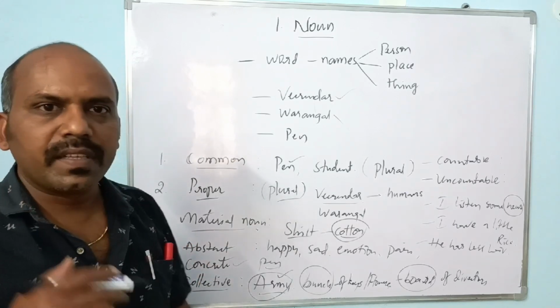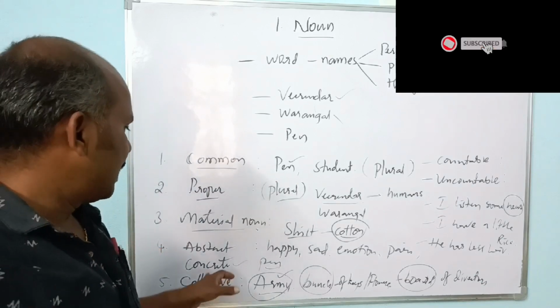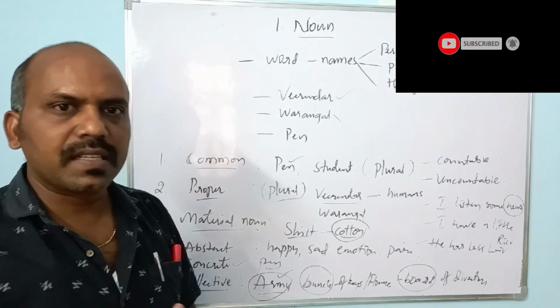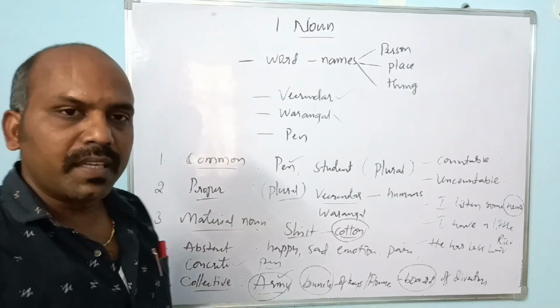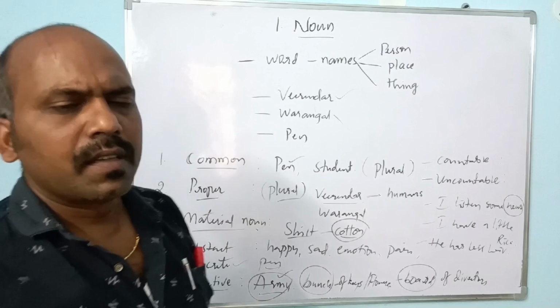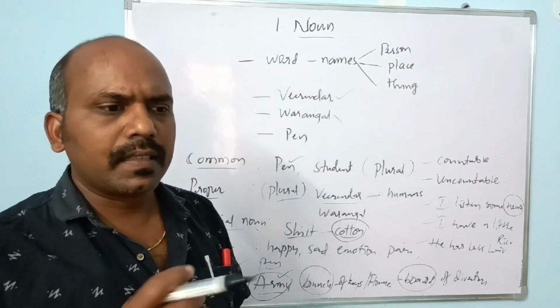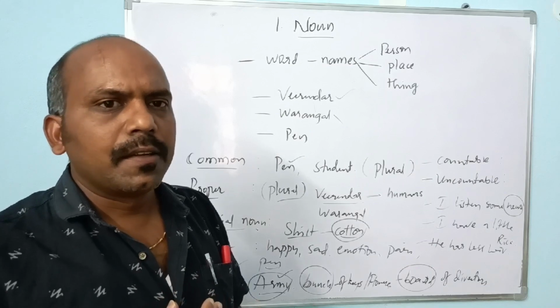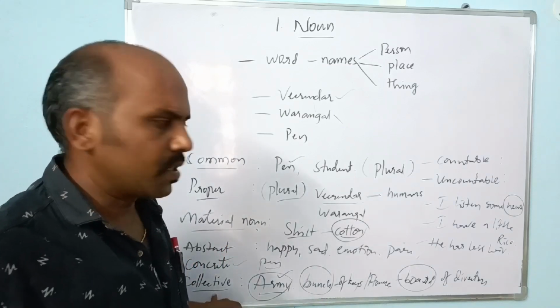And abstract nouns are those which we cannot see but only feel. Concrete means which we can feel physically, and those come under concrete. Collective means a group of nouns called by one more name, like a herd, a flock, cattle. So these all come under collective nouns.